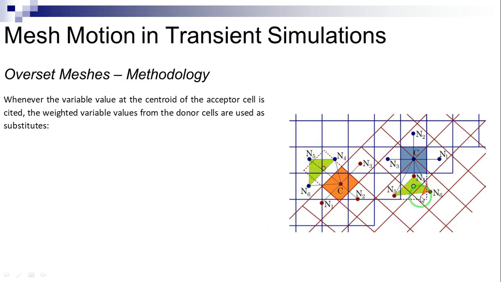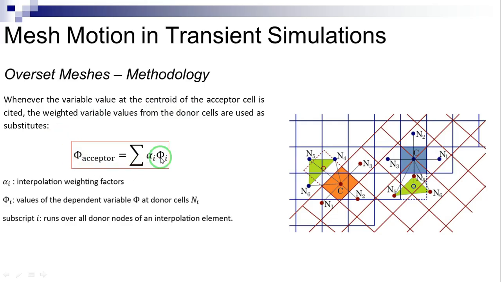Whenever the variable value at the centroid of the acceptor cell, indicated by the C symbols in this figure, is requested, the weighted variable values from the donor cells are used as substitutes. In this equation, alpha I are the interpolation weighting factors, phi I are the values of the dependent variable phi at donor cells, and subscript I runs over all donor nodes of an interpolation element denoted by the green triangles in this figure.